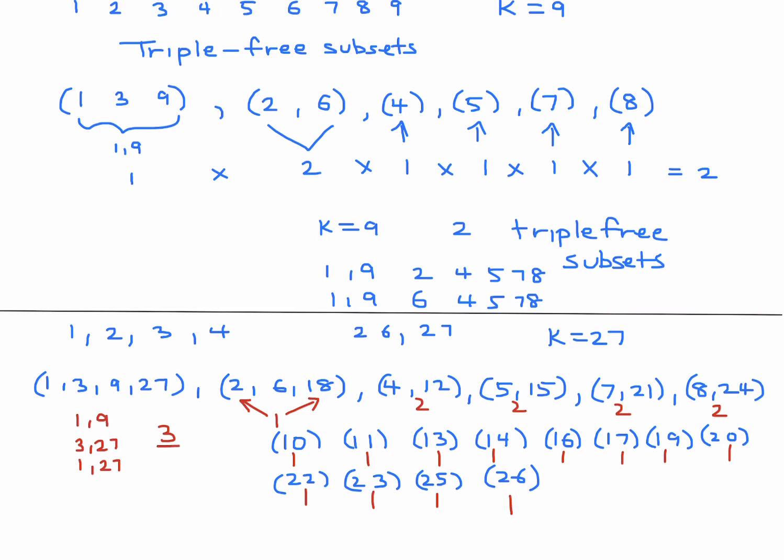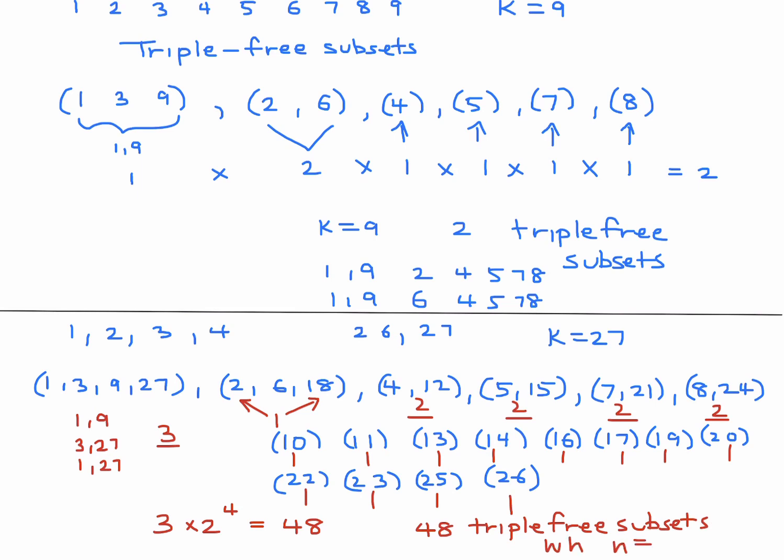So now I've got to multiply this by this, by this, by this, by this. The good news is the 1's don't contribute to the product, so the 1's can be ignored. So that means I've got 3 times 2 to the power of 4, and that is 48. So that means there's 48 triple-free subsets when k is equal to 27.